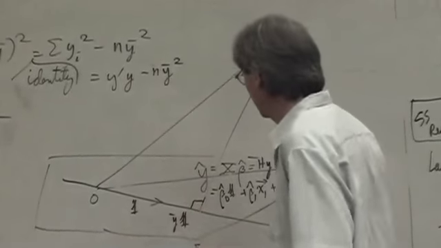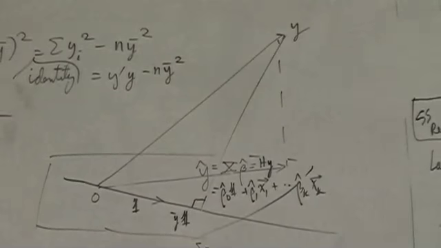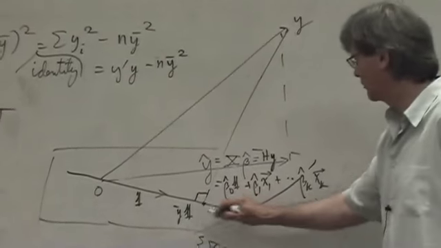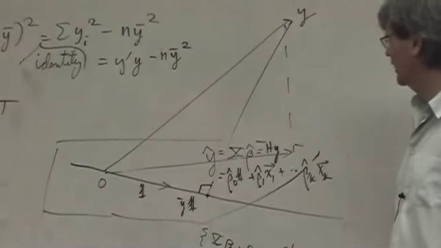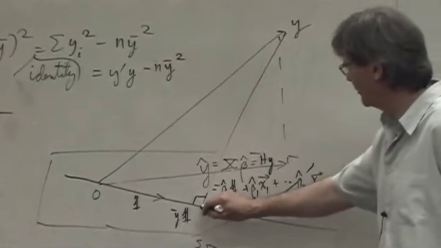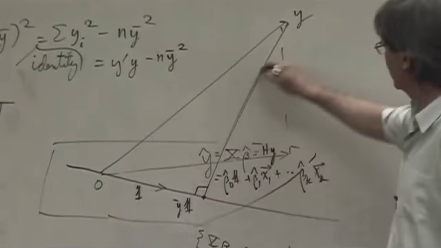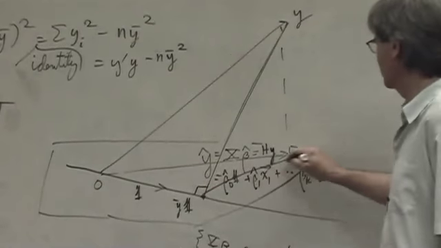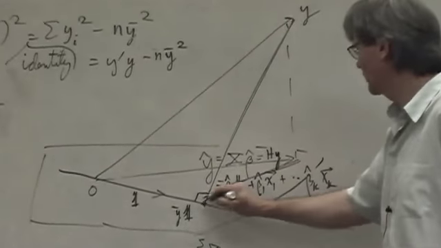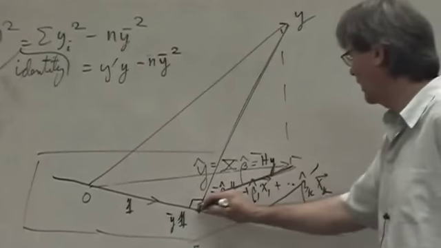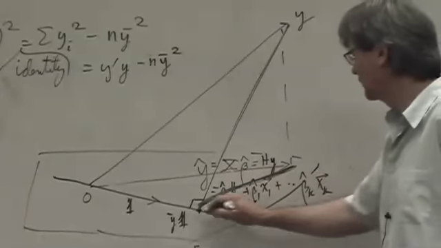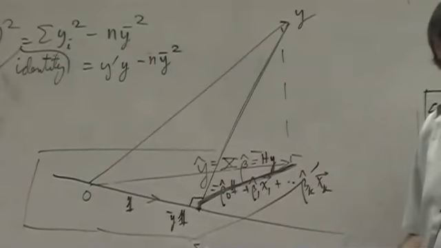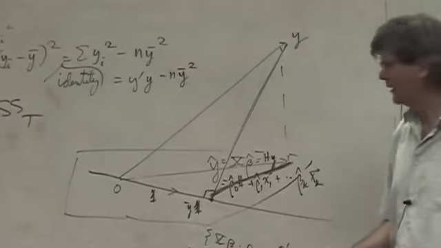And so I actually have projection on there too. Then you have this right triangle business. Actually, this black line that I'm drawing right here is not the projection of y onto the column space of x.